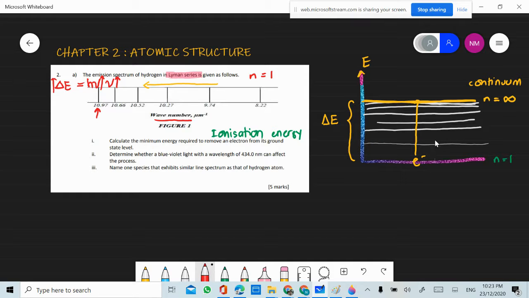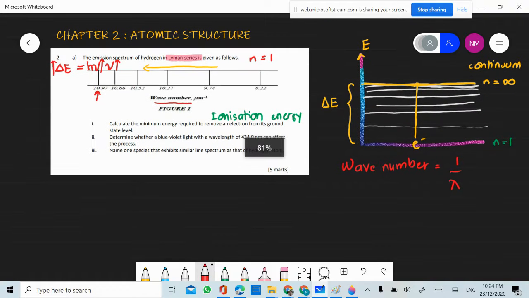It doesn't matter whether you know what wave number is or not. You can basically guess from the unit. If it is per micrometer, micro is just times 10 to the power of 6 per meter. That means wave number is just 1 over lambda, 1 over wavelength, and you can solve for lambda.